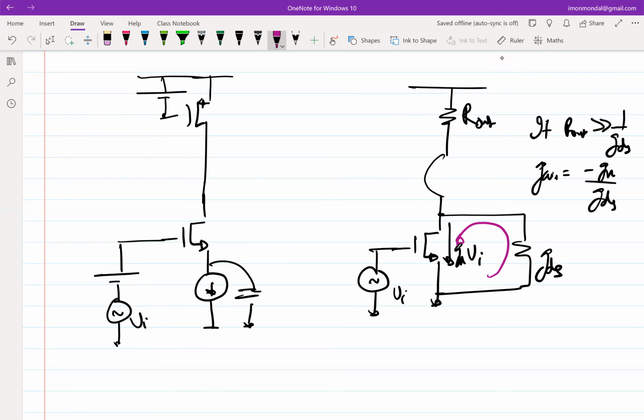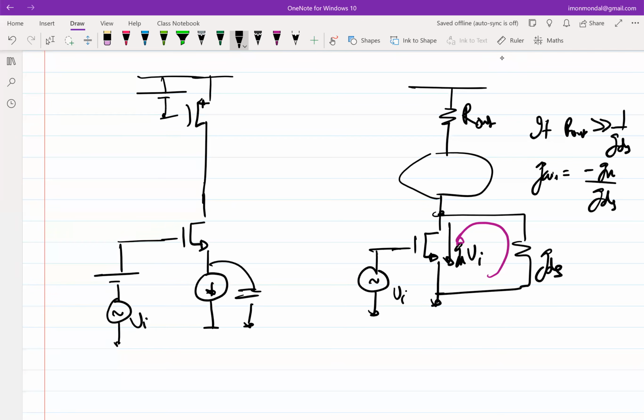Okay. So the modified question that we are asking is, can we do something, because we cannot really get rid of this own internal resistance. The only terminal that we have access to now is the drain. So can we put something here so that this incremental current doesn't flow into GDS, but flows into whatever we are putting, right?